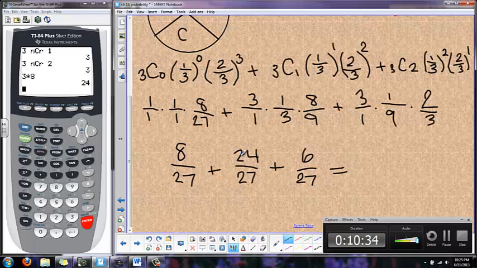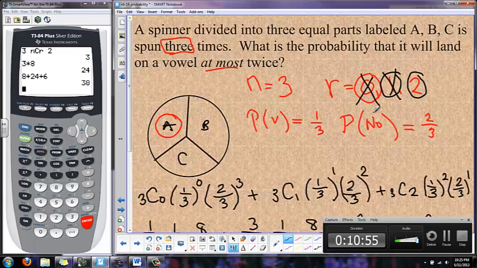30? That's not right. 8 plus 24 plus 6 is 38 out of 27. That cannot be right. That doesn't make any sense. What did we do wrong? Let's see.